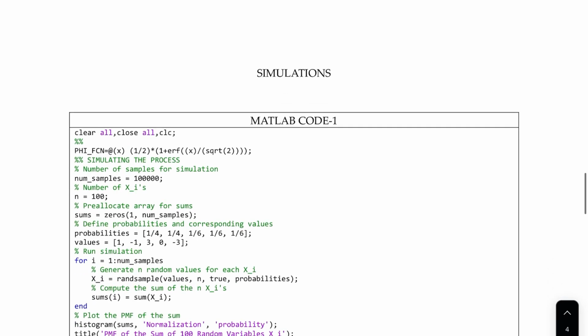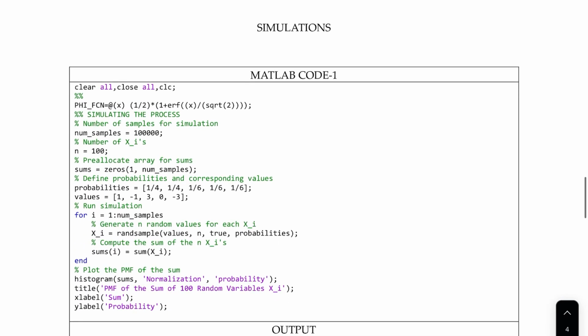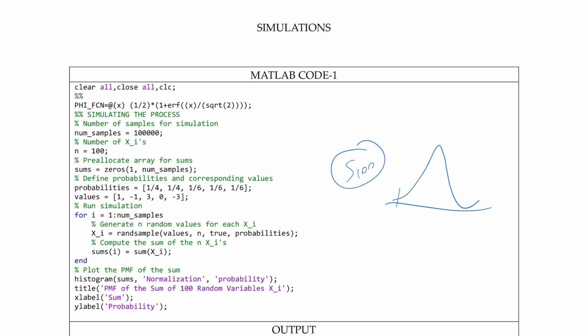So let's continue, and we will see the simulations. This is in a way the Monte Carlo way of generating that. What we are trying to generate is what you end up with when you have 100 games played, and you want to plot its PMF of the gain, right?